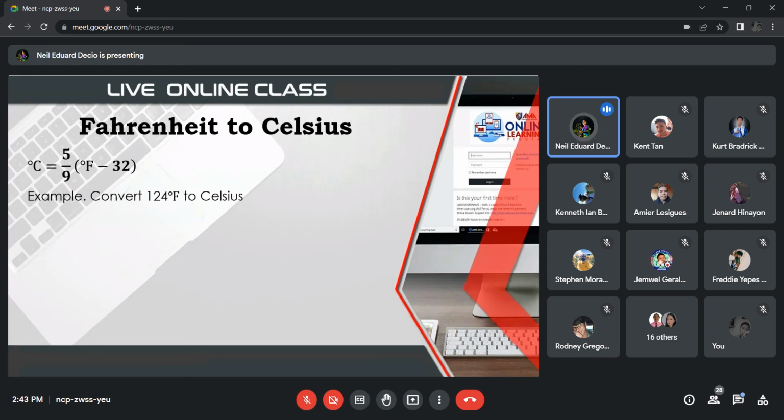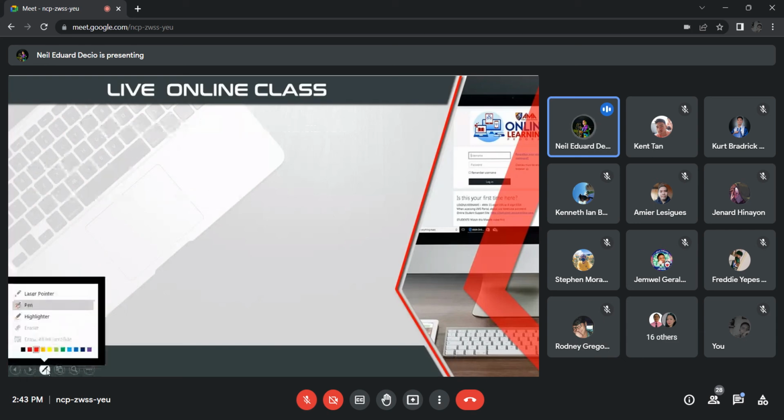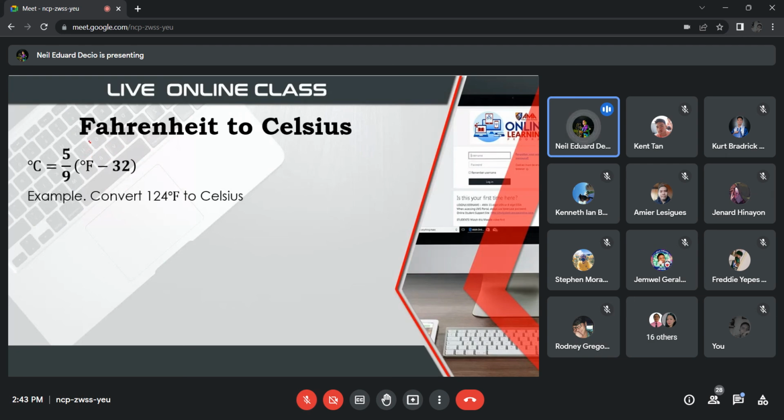So converting Fahrenheit to Celsius, basically we're going to use this formula. Degree Celsius is equal to 5/9 multiplied by the temperature in degree Fahrenheit minus 32. Okay, so all you have to do is substitute this temperature in degree Fahrenheit to that variable dito. And substitute lang natin yung temperature in degree Fahrenheit dyan.